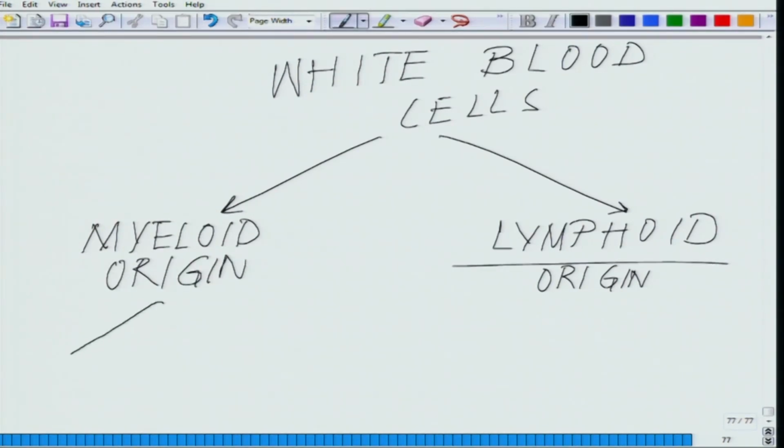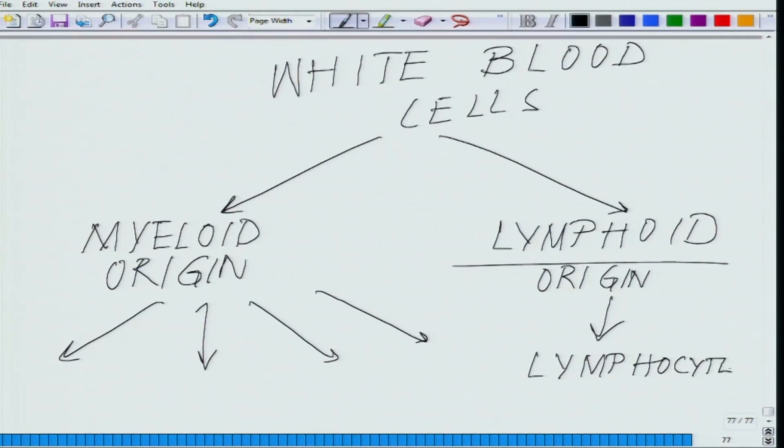Okay. And within myeloid origin you have 4 different types, and here you have lymphocytes. And I told you that lymphocytes form T cells, B cells, and NK cells, which are also called natural killer cells. Okay.